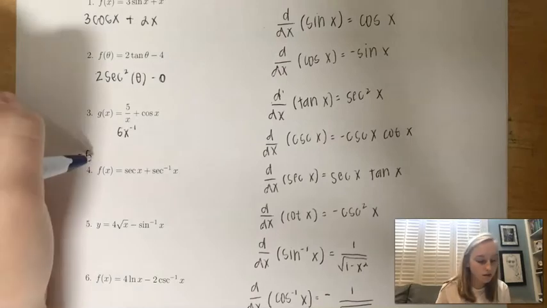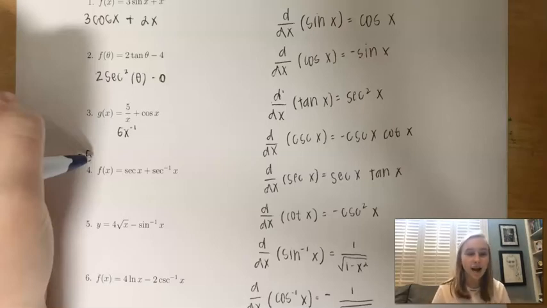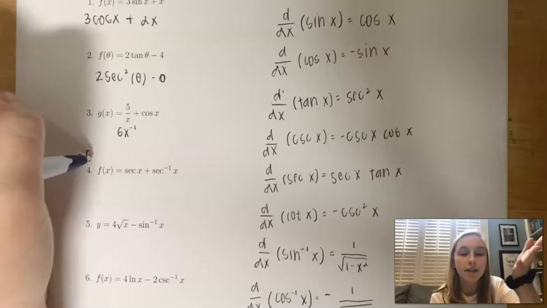So like I did in the last problem, or I guess in number 1, we have to use the power rule. It's a negative exponent, but don't be freaked out. It's the exact same. So 5 in this case is a constant because it's attached to a number, so the 5 stays the same.